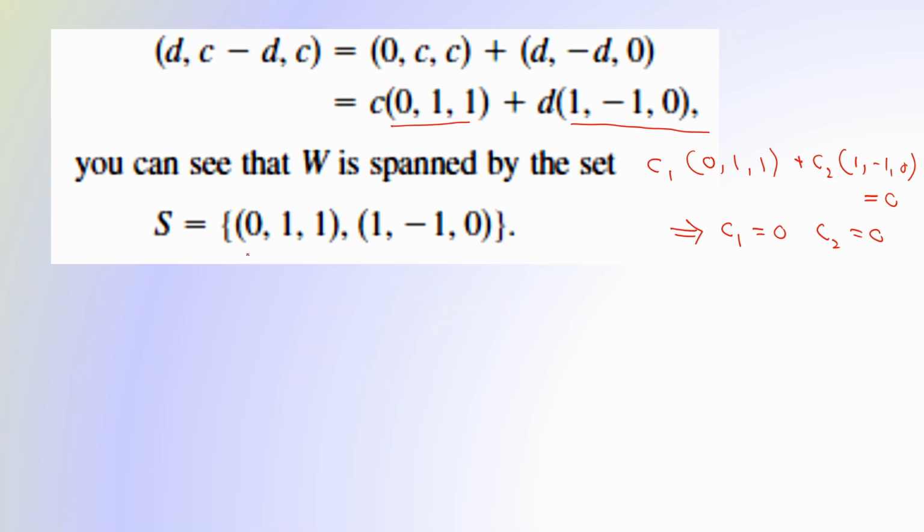Therefore, this set is linearly independent, and it spans the subspace W. So this S is a basis for the subspace W. So the dimension of W is equal to 2 because S contains only two linearly independent vectors.